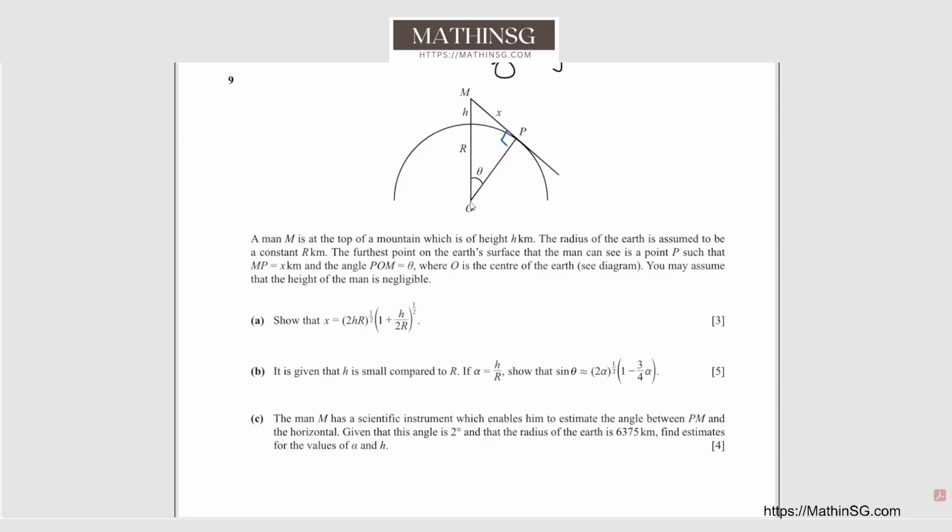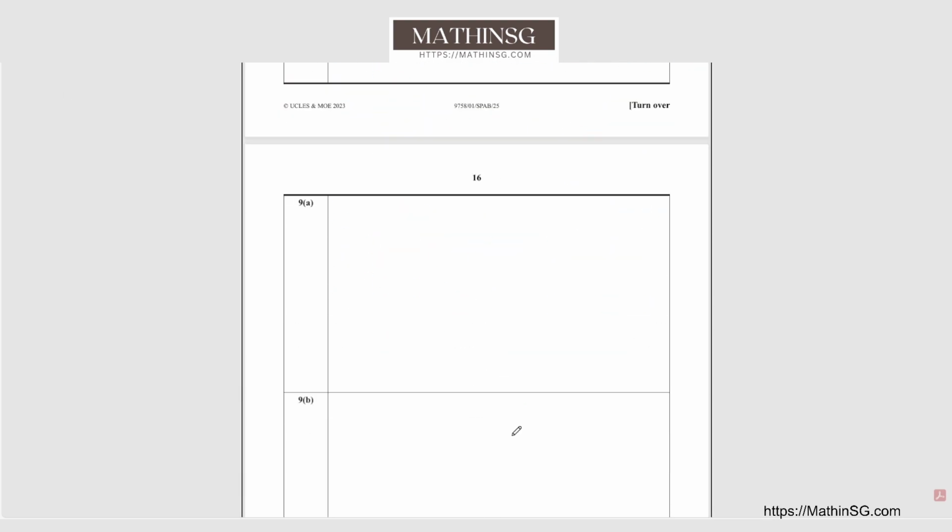Well, I also know that the radius, here to here, is the radius, OP is also the radius, right? So by Pythagoras theorem, I know that r squared plus x squared equals (h plus r) whole squared, right? So let's write that in. Okay, by Pythagoras theorem.